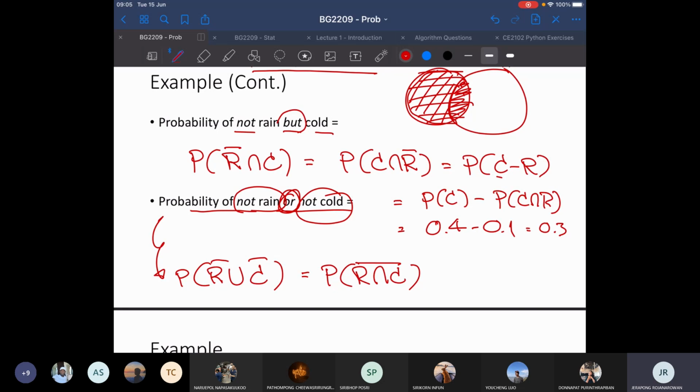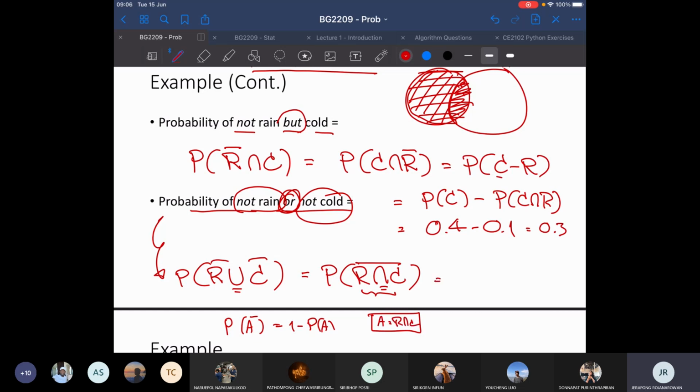Know that this one is union, this one is intersection. Once you have it like this, you have to apply this one. P(A bar) is 1 minus P(A). Our A is this one, R intersect C.